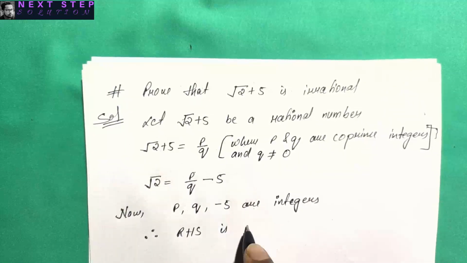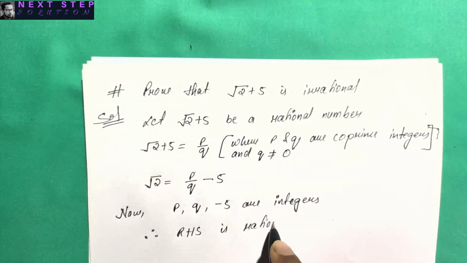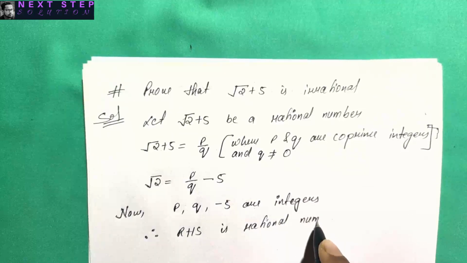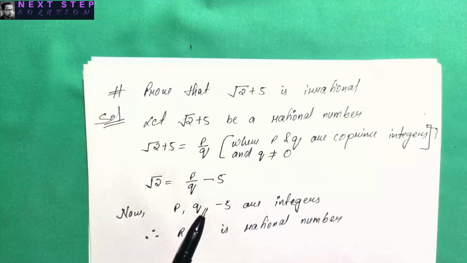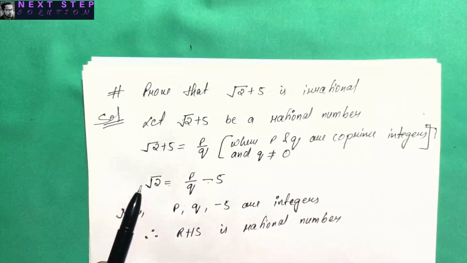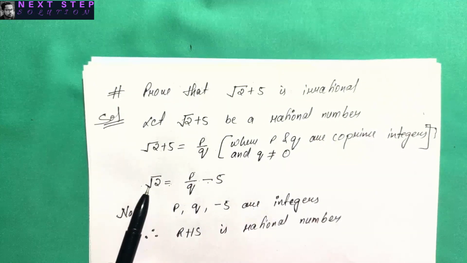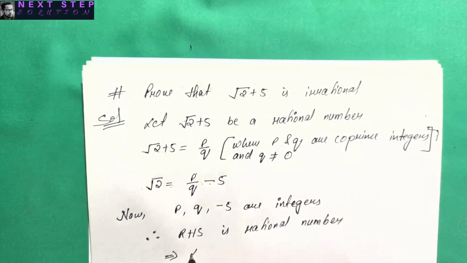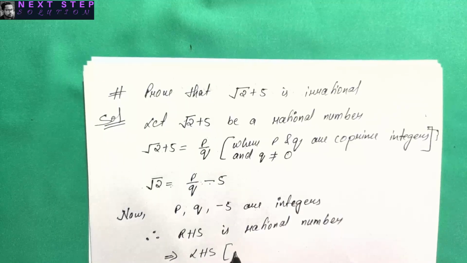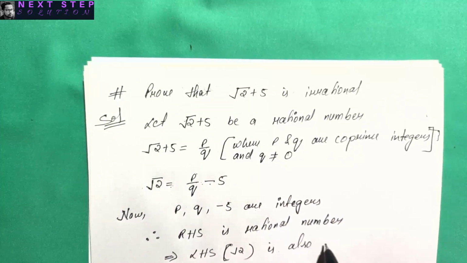RHS is rational. Now if RHS is rational, we have written equals to this. If this is rational, that means this is also rational. If RHS is rational, that means LHS. This implies LHS root 2 is also rational number.